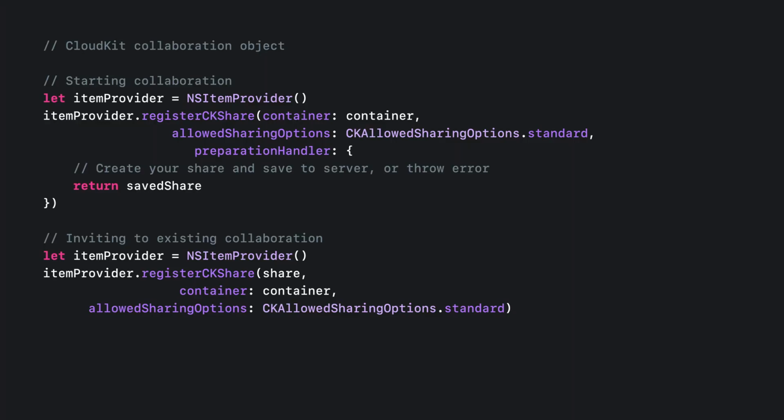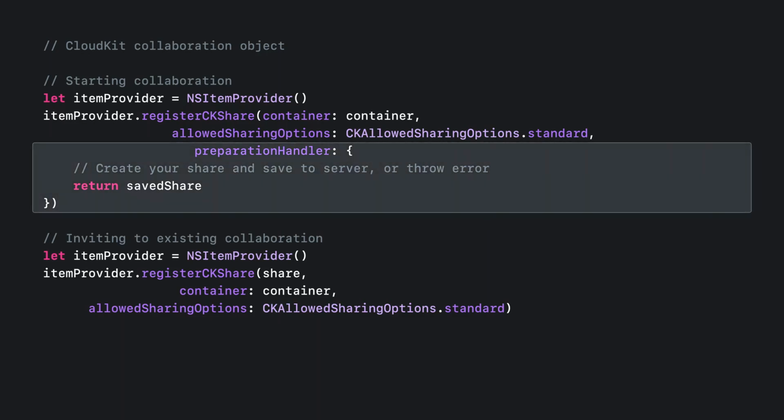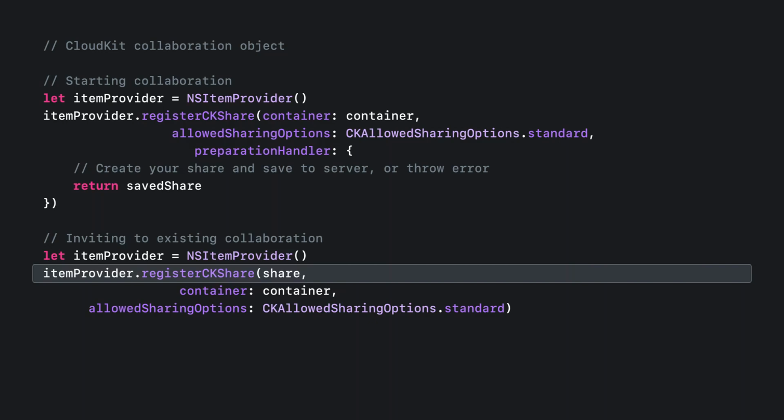Here's a brief overview of what it looks like to create a CloudKit collaboration object. If the collaboration is being started and you pass in a preparation handler, you need to both create the share and save it to the server in the handler. If it's already started, just pass in the associated share.